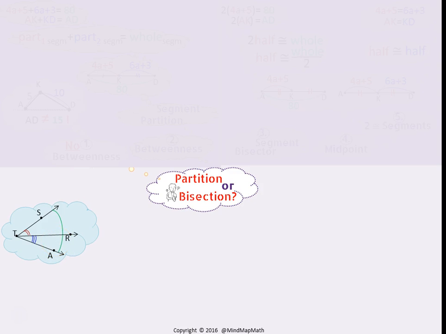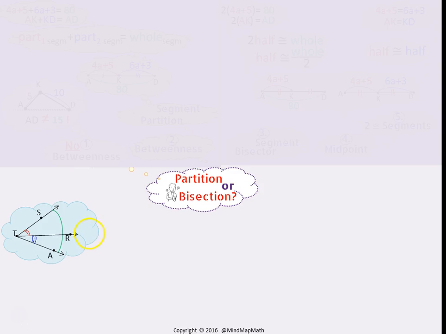Well, let's continue to clarify that these 2 parts, the one marked in red and the one marked in blue, are stuck together and they sort of make up this largest original angle.